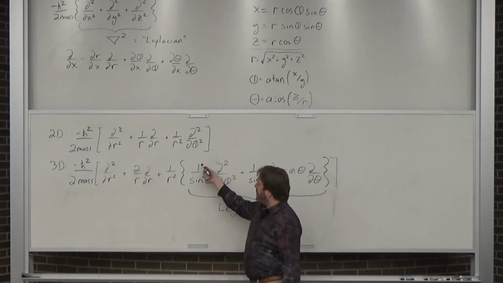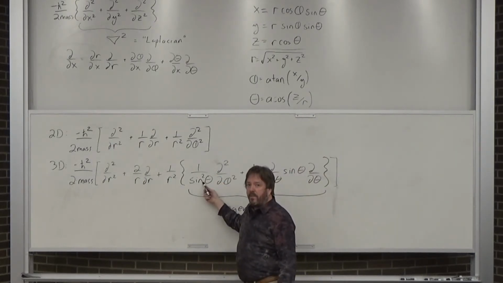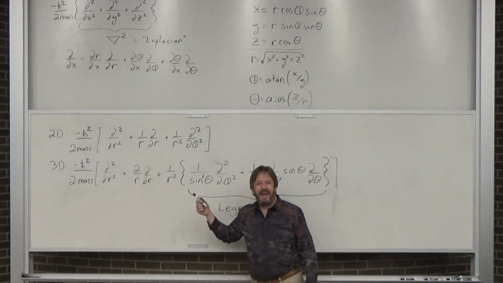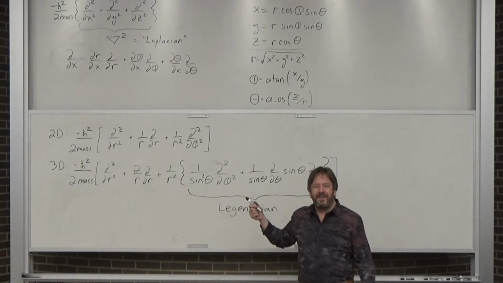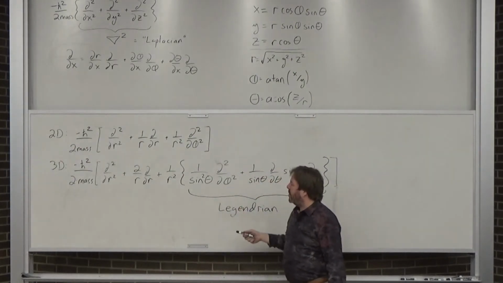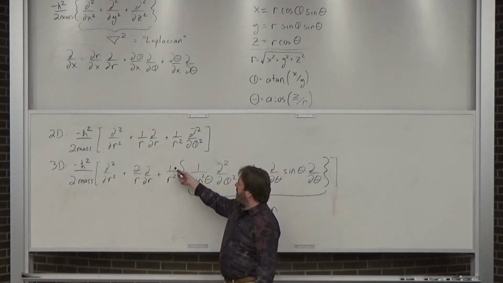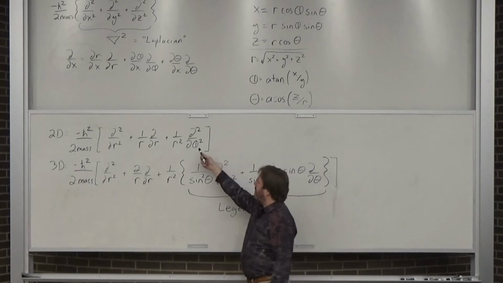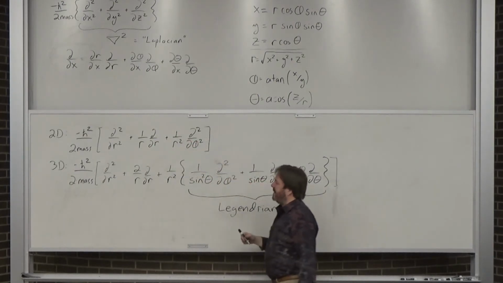Then what you have is 1 over sine of 90 degrees squared. Sine of 90 degrees, that's pi halves, right? Sine of pi halves is 1, so this is 1 over 1 squared. And what you end up with is 1 over r squared d d phi squared, right here. So they end up being exactly the same.